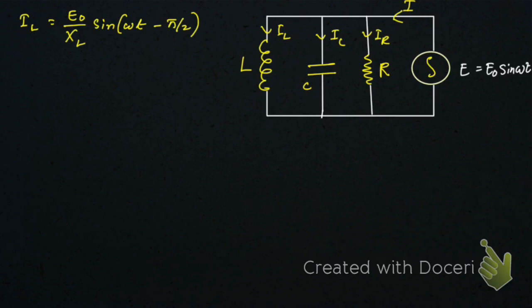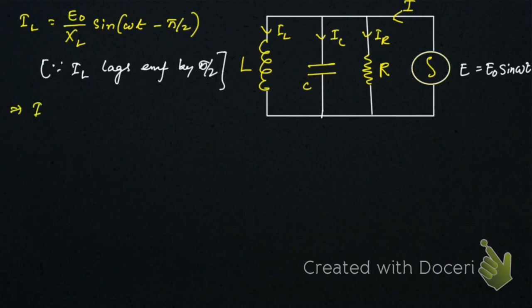So here, since IL lags the EMF by pi by 2, it can be simplified as, if you take minus common, sine of minus of pi by 2 minus omega t.